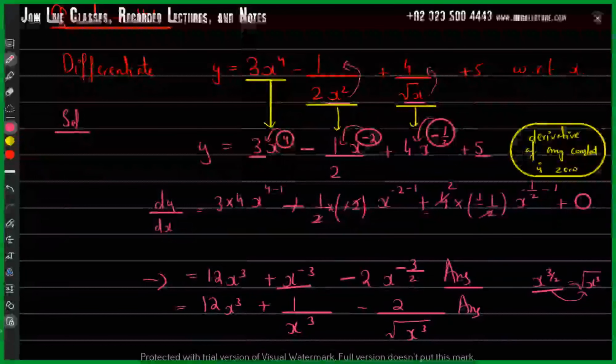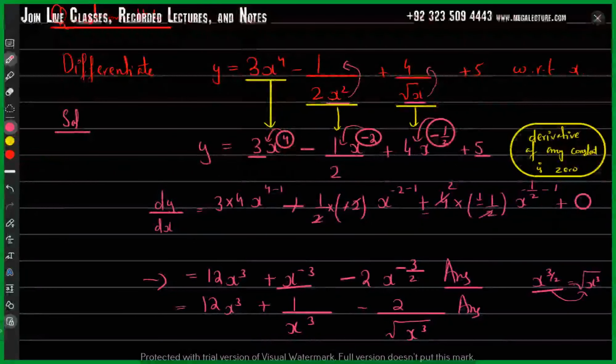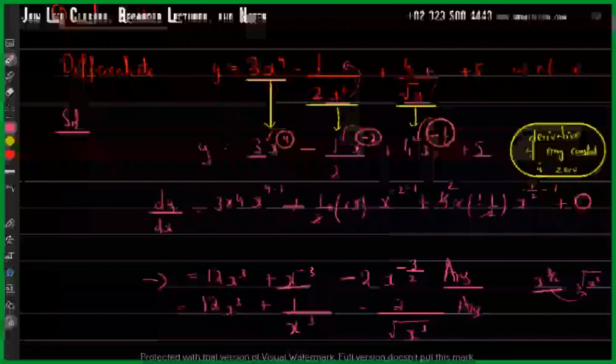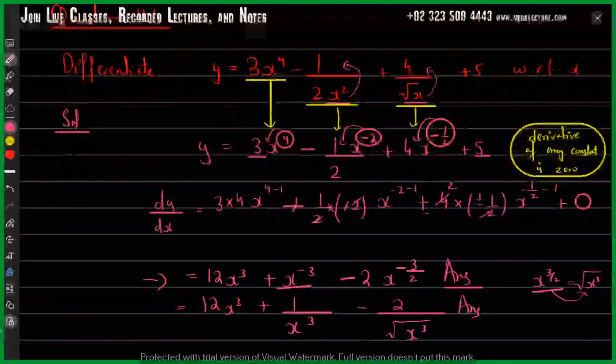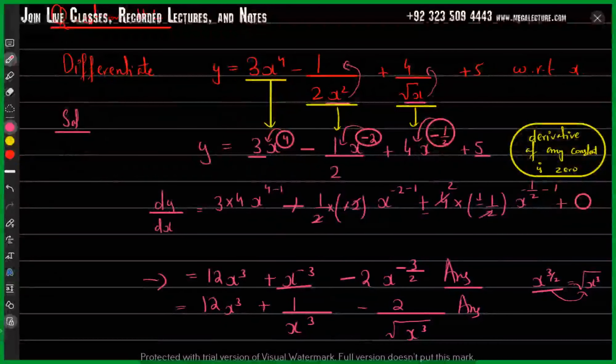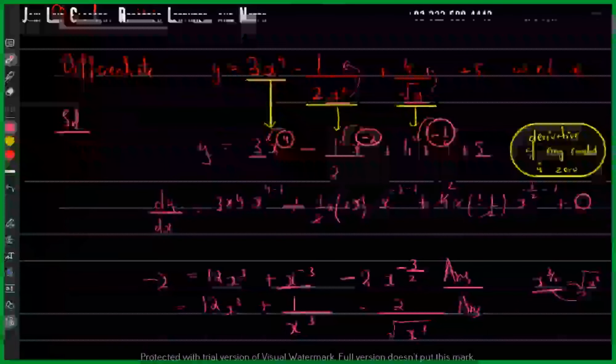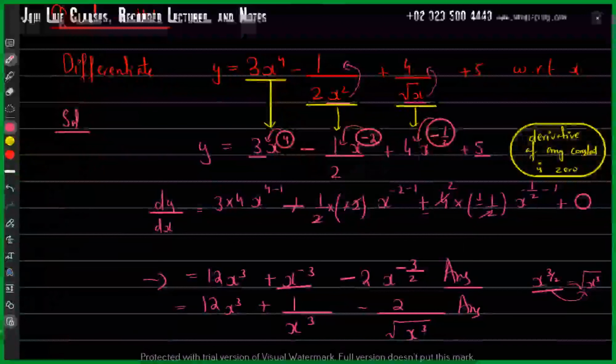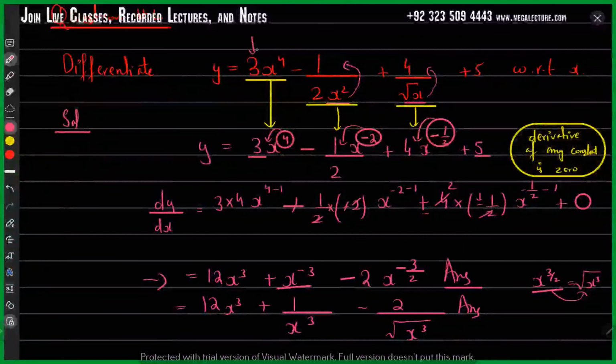So what do we know? In case of differentiation, if we have one equation with different expressions, we are going to deal with them separately. If we have x to the power n, n would become the coefficient and we would do n minus 1 as the power of x. If we have any number written next to x, nothing is going to happen.